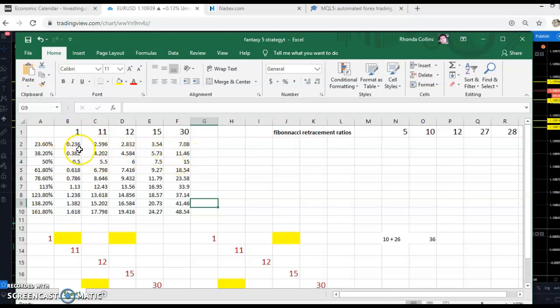And this is what it would look like when you want to formulate the multiplication process in your cell.